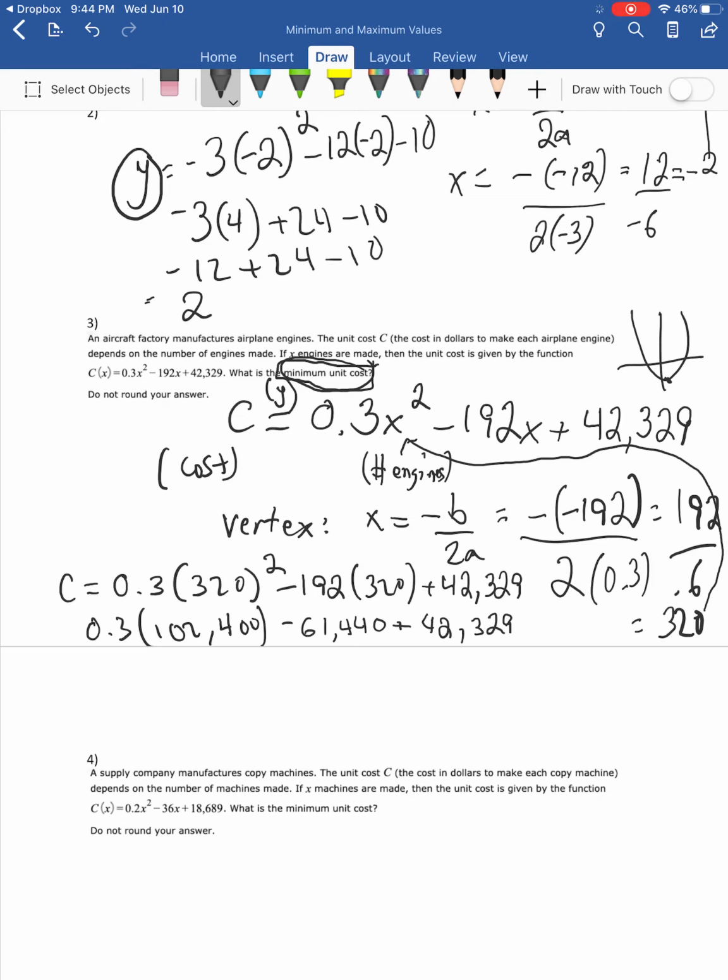All right, so more calculator stuff. 0.3 times 102,400, 30,720 minus 61,440 plus 42,329. And obviously our answer should be a positive number here because we're talking about a cost. So let's see, 61,440 minus 30,720.